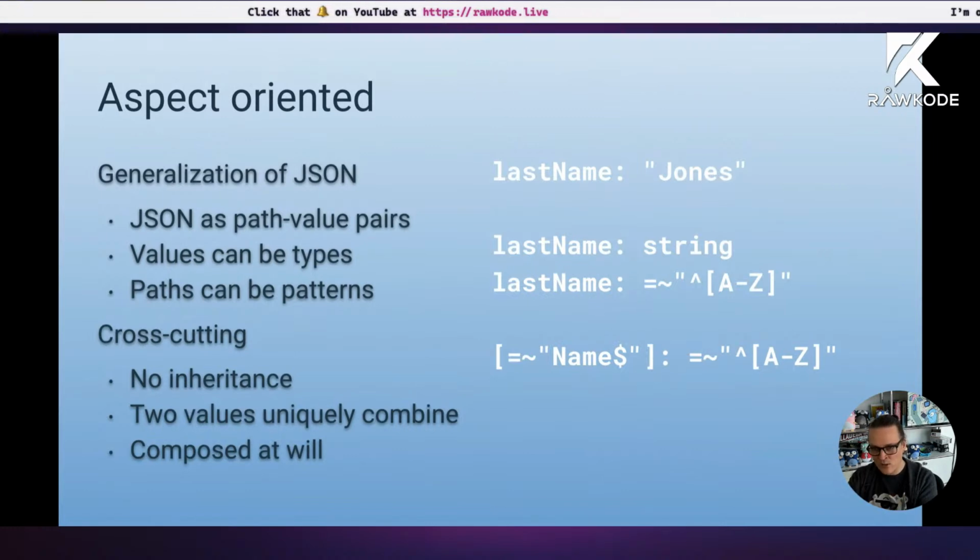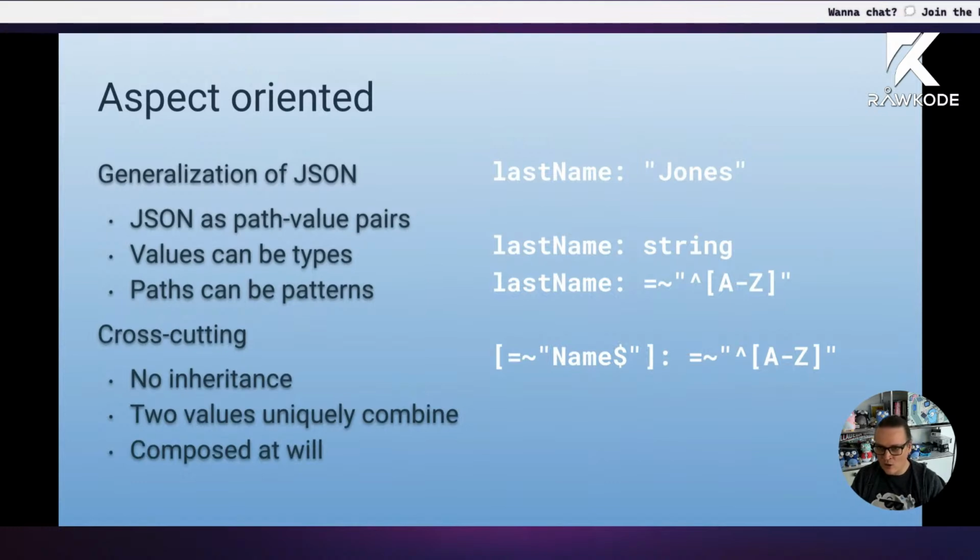So it's basically a sequence of path value pairs. And what you can do in Q is that the value doesn't have to be a concrete value. It can be any type, but also the path doesn't have to be a single path. It can be any group of paths. So for example, if you look at this last name example here, we can say last name is Jones.